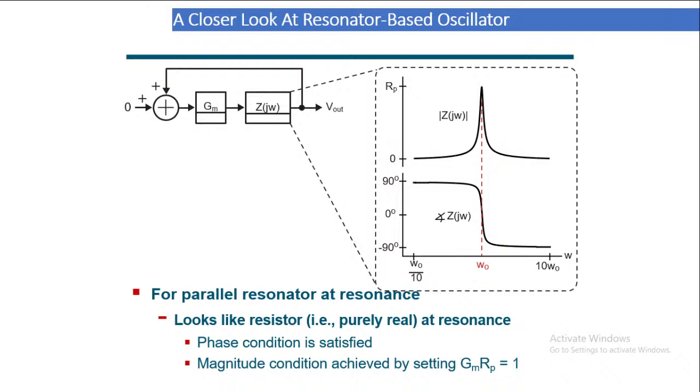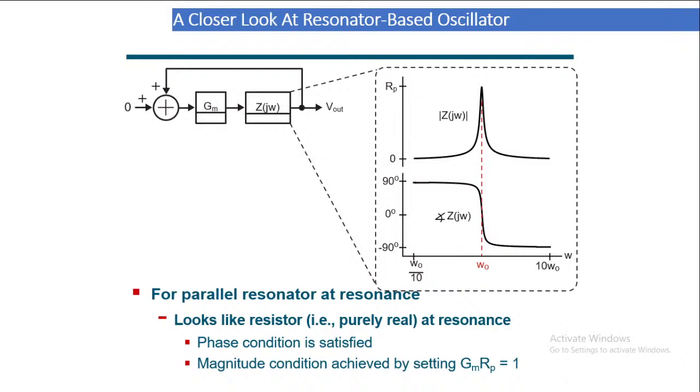Before that frequency it is inductive, and after omega 0 it is capacitive. For parallel resonators at resonance, the phase is 0, meaning the capacitance and inductance cancel each other, leaving a pure resistor. So it looks like a resistor at resonance.